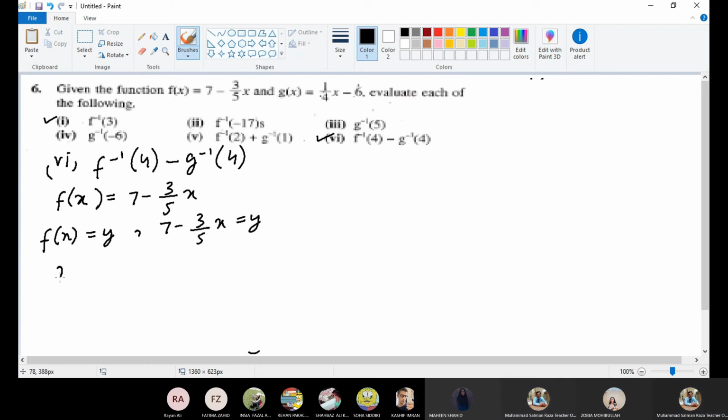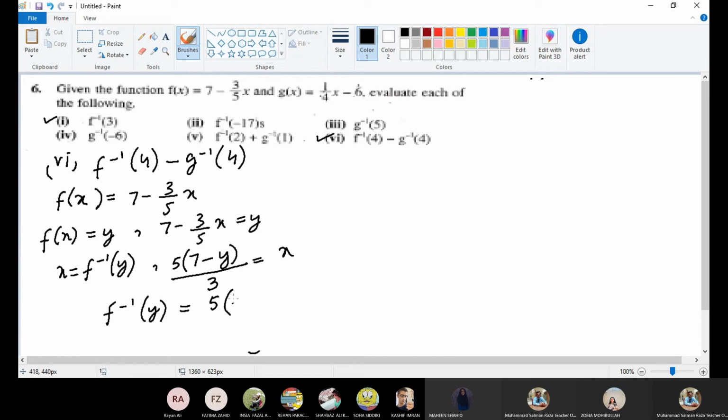Now it is going to become x is equal to f inverse of y, and over here it was becoming like 7 minus y, 5 over 3 is going to become x. So later on, f inverse of y is going to be 5 into (7 minus y) upon 3.